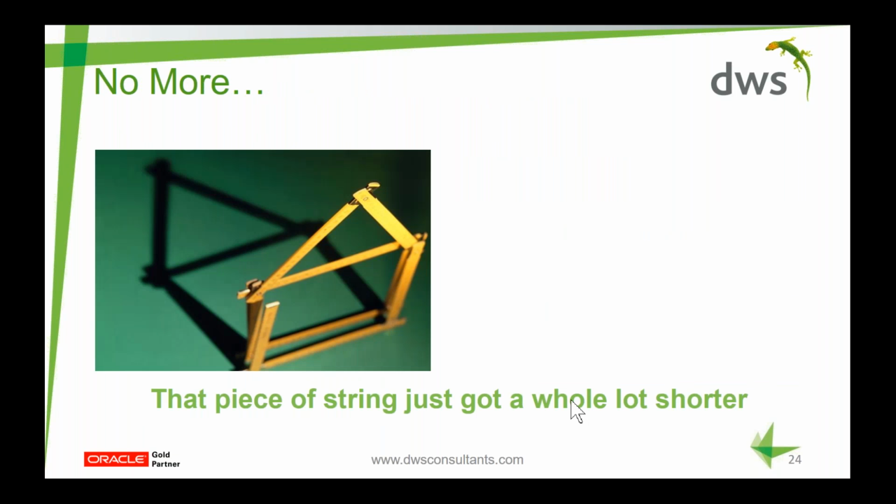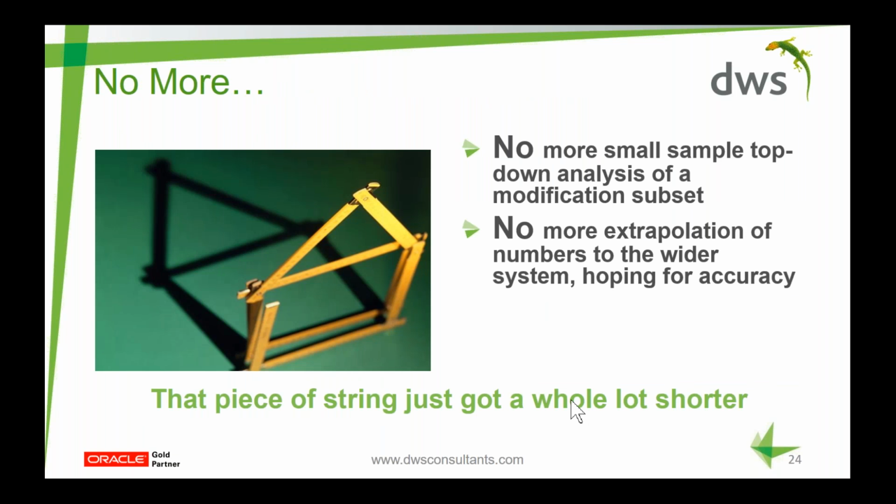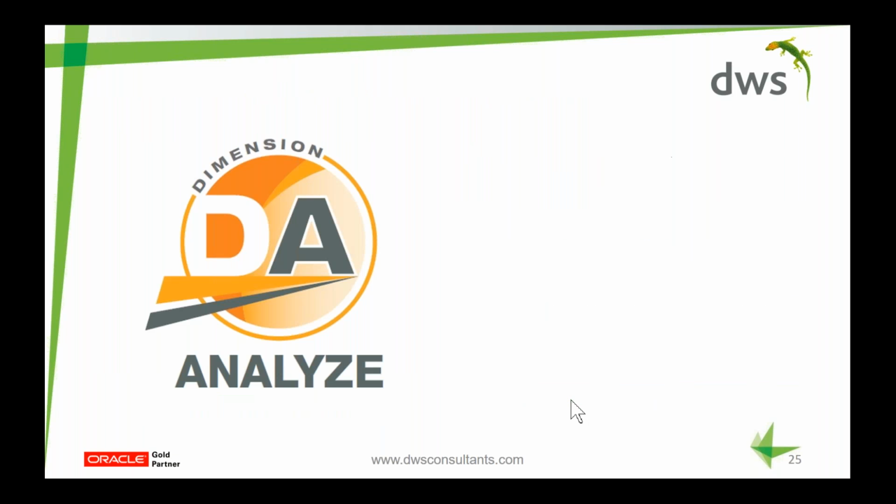And thanks for that, Pierre. So as you can see, by using the Dimension Analyze tools and the service from DWS, we can eliminate a lot of things. There's no more sample top-down analysis of modification subsets. Sorry, I've actually skipped a slide there.